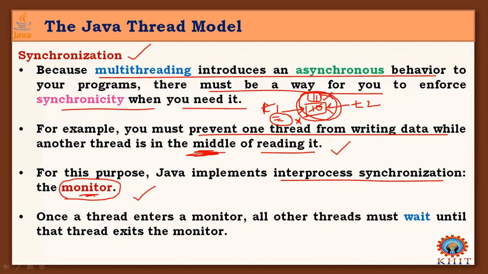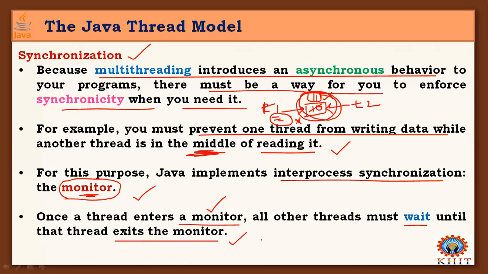A monitor is a high-level construct that controls thread synchronization. Once a thread enters a monitor, which is nothing but a construct, just like a class, all other threads must wait until that thread exits the monitor. This is called synchronization, or mutual exclusion. One thread is executing one process on a particular condition.